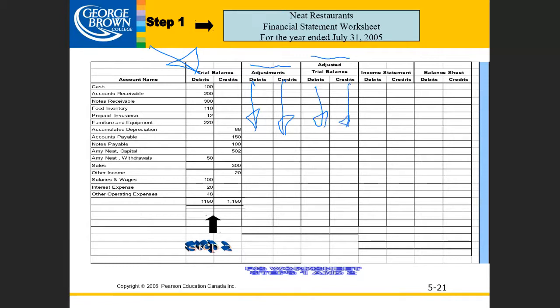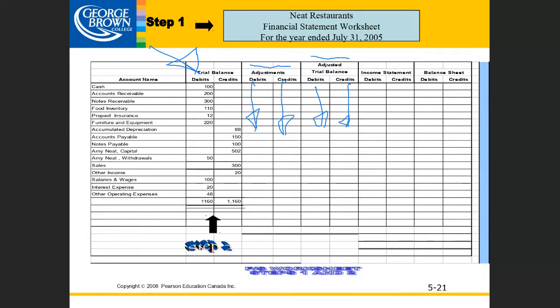Now we're doing this for two reasons. When you're doing this, it might feel like you're taking two steps to do one thing, and I can kind of appreciate that. One is to show in the adjusted trial balance that things have been adjusted and that your debits equal your credits.